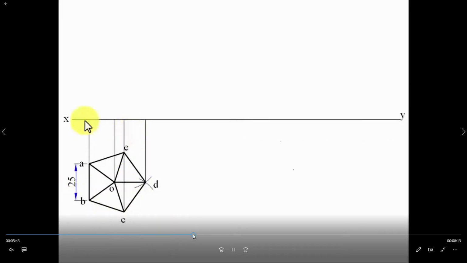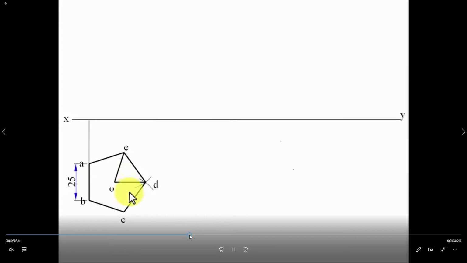Then we extend the points from the top view to the reference line, that is A to B to A and C to E and D. Okay. First we identify the pentagon midpoint, that is the center. We need to find the center point, that is O. We extend O, that is the axis point, here.